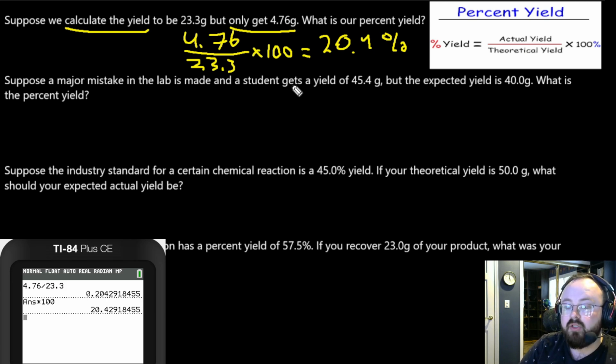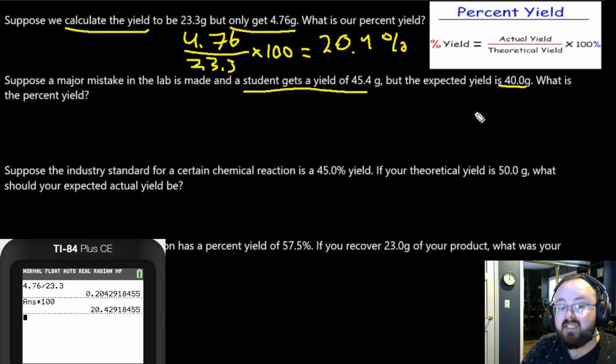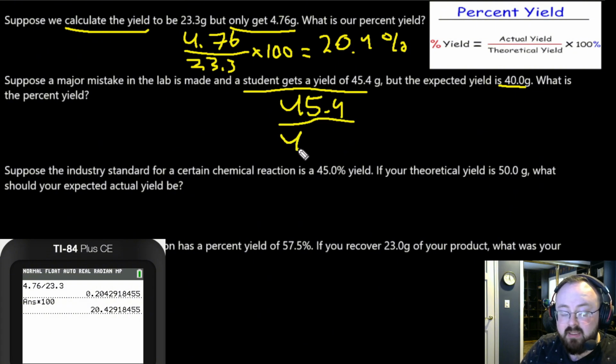So I show the next example as what happens when something can go wrong, because realistically, something can go wrong in the lab. And here, we get a yield of 45.4, but we only expect it to be 40. So it is possible, remember, our actual yield is what we got, which is 45.4, and our expected yield, or our theoretical yield, was 40. We have to multiply this by 100.